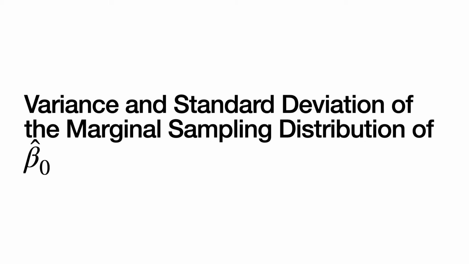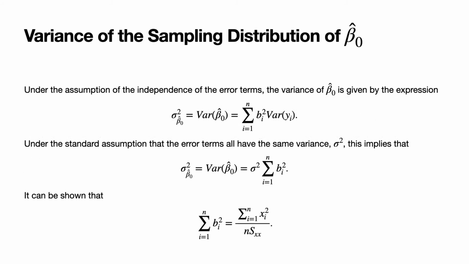Next, let's derive formulas for the variance and the standard deviation of the sampling distribution of beta 0 hat. And so under the assumption of the independence of the error terms, the variance of beta 0 hat is given by the following expression. So first we will denote the variance of beta 0 hat in two ways, really.